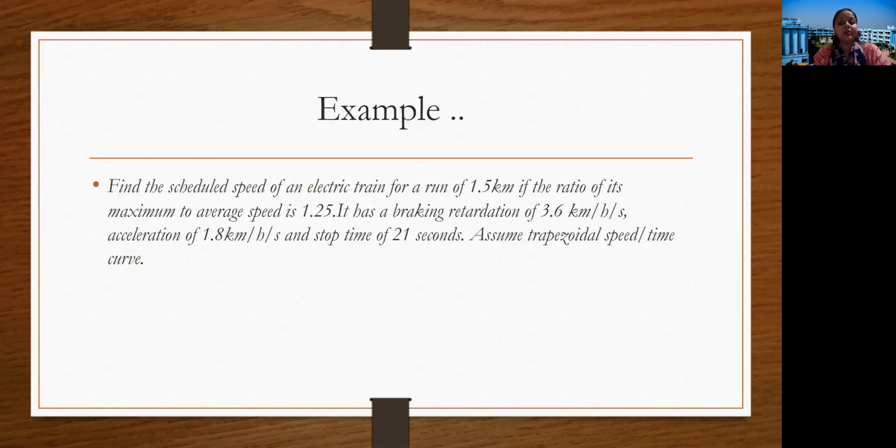Assume trapezoidal speed-time curve. This type of numerical you have to solve in your exam. This is a very easy one. When I discuss this in my next video, you can easily solve this type of questions.